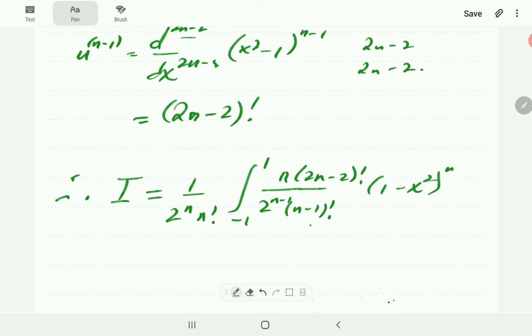Then this is multiplied by 1 minus x squared to the power n.